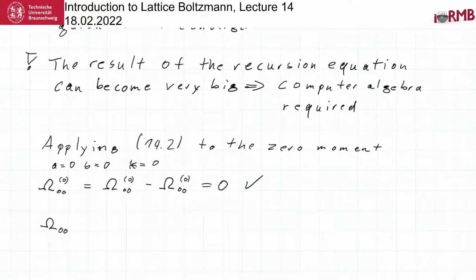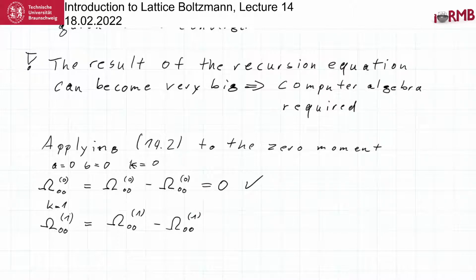Then k equal to 1. So omega 0,0 to the order 1 will become omega 0,0 first order minus omega 0,0 first order.